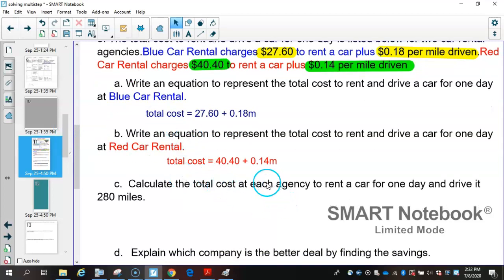Now we are actually looking at the total cost. So this is like breaking this step by step. We're looking at the total cost at each agency to rent the car for 1 day. So they're just driving it 1 day, but they're driving it 280 miles. So now in this scenario, we know how many miles were driven and we have to find the total cost.